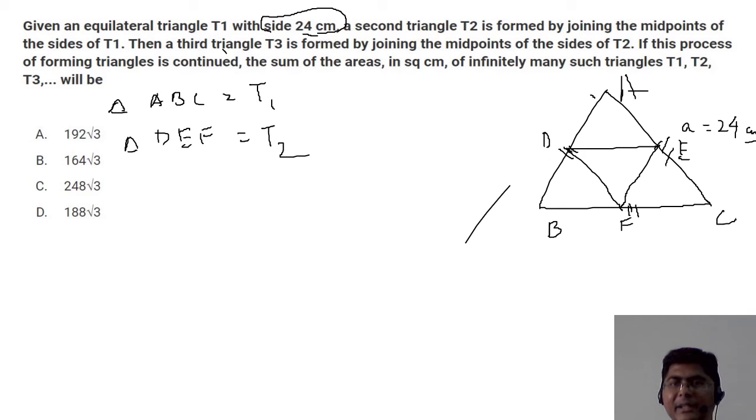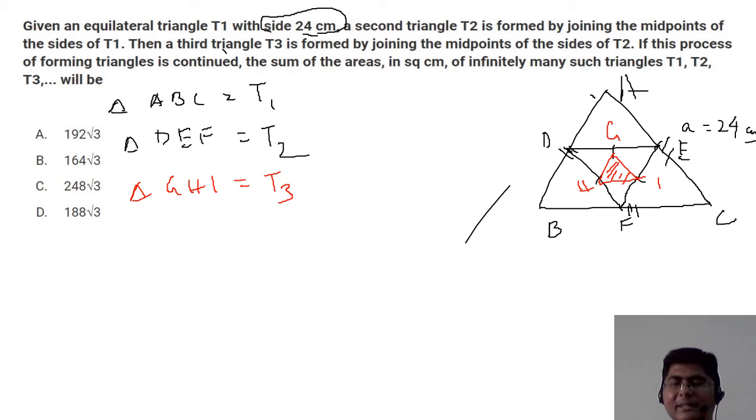Now what is T3? Now there will be the midpoint of DE. This is and then this is. So let's say G, H and then I. So this is T3. So triangle GHI is equal to T3.